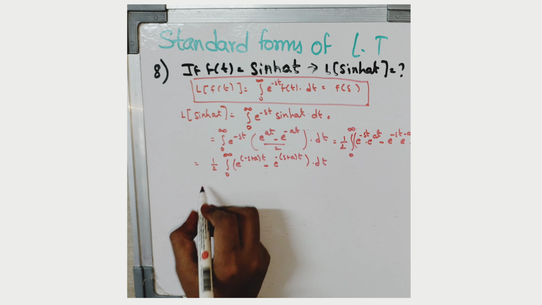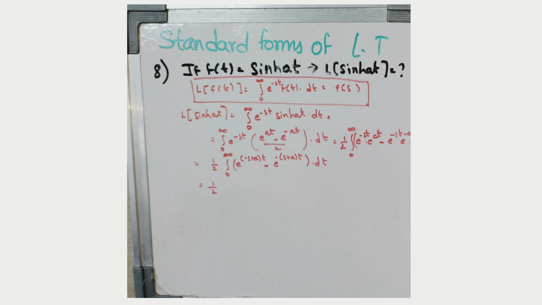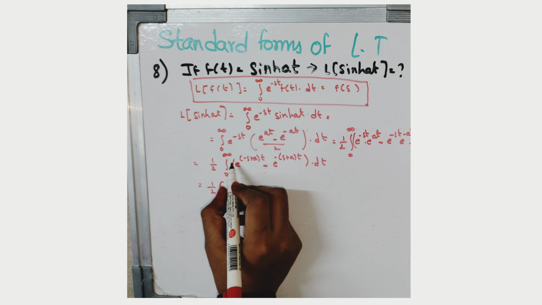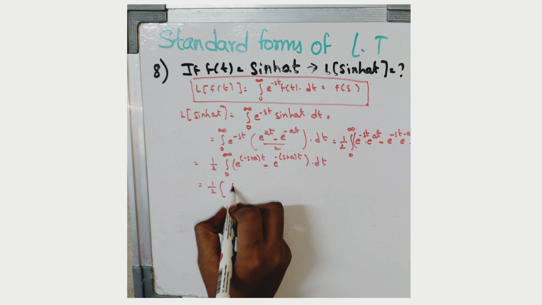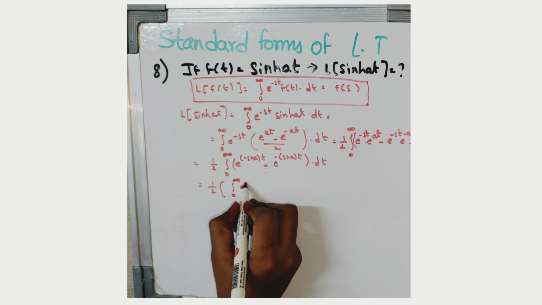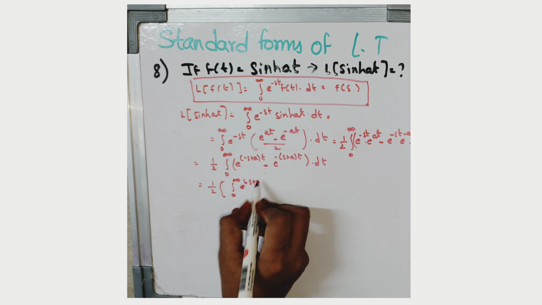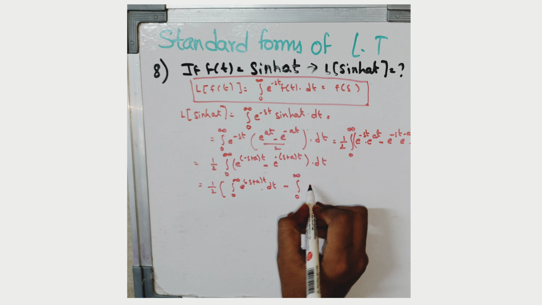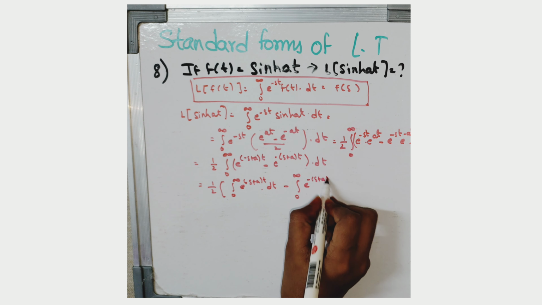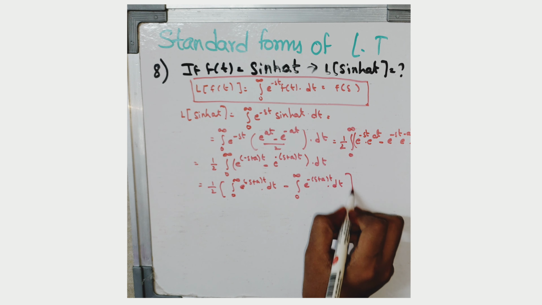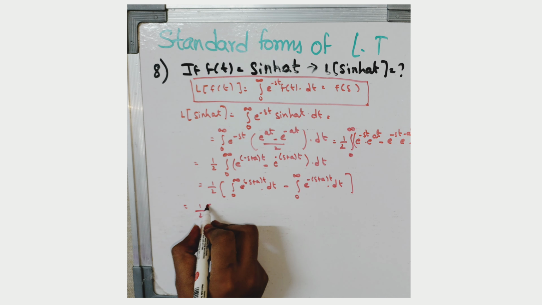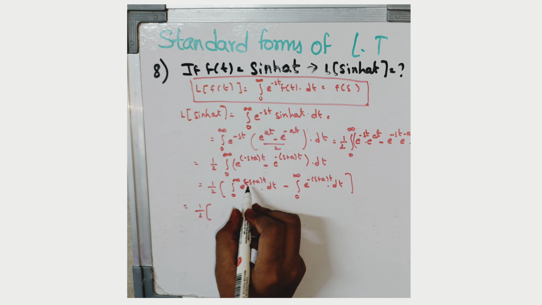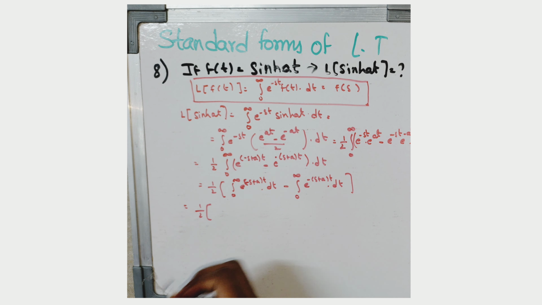Now apply the integration. 1 by 2 into integral 0 to infinity e power minus s minus a into t dt, minus integral 0 to infinity e power minus of s plus a into t dt, right? Now 1 by 2 into, so the integral of e power at is e power at by a.